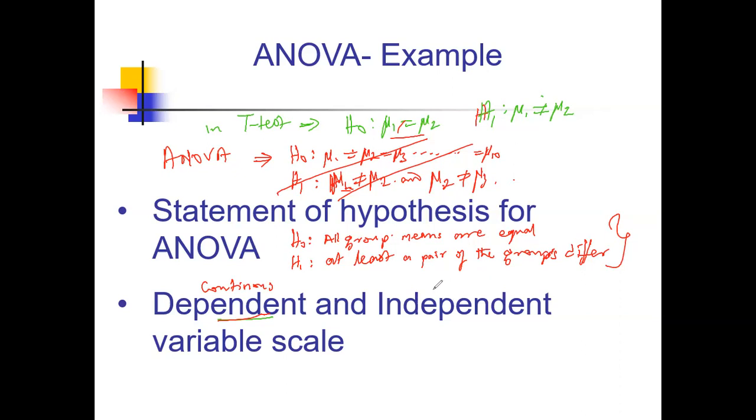While the independent variable must be categorical. It must be discrete and categorical, if you remember chapter 1. And categorical means it is normally a count of groups. So the independent variable is the variable that contains the groups you want to compare to each other.